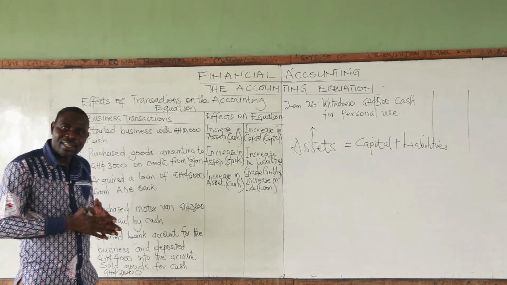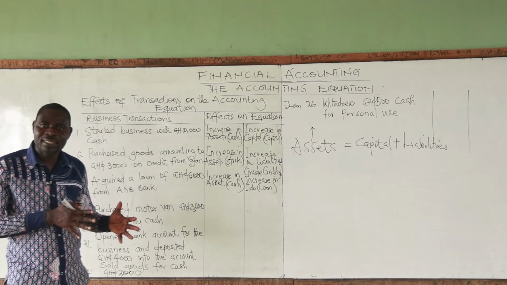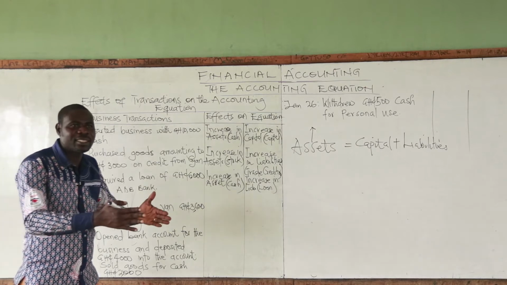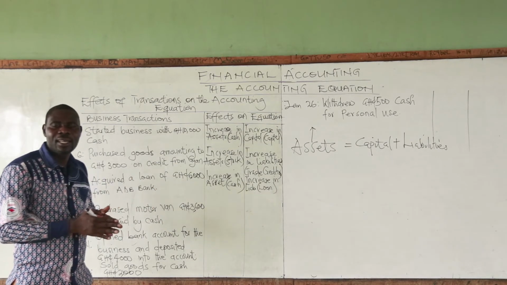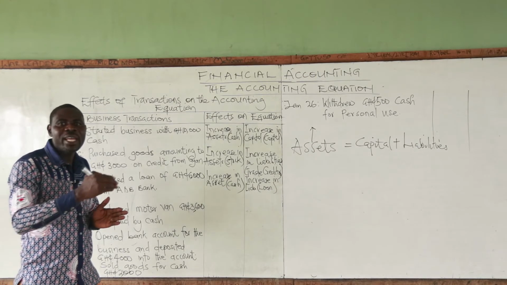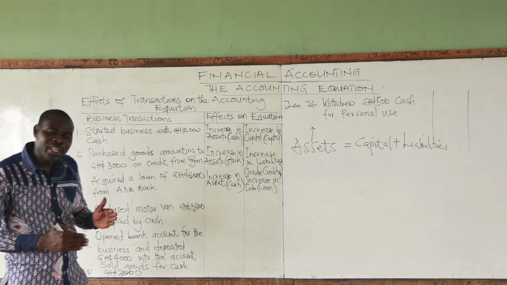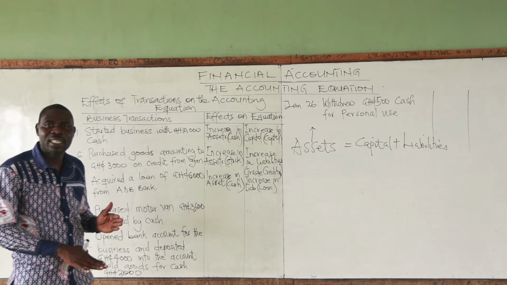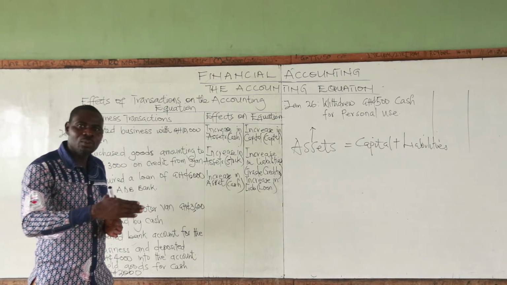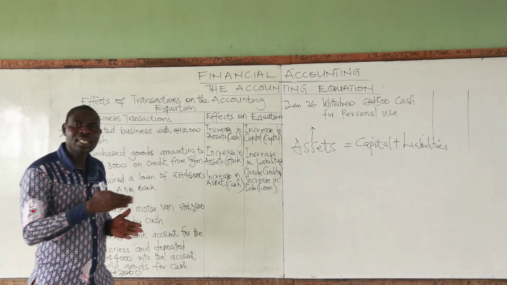There will be an increase in our assets. Then we also paid cash, and we know cash is an asset. So when we pay cash, cash will leave the business. The amount of money we have will reduce, so we have to record that we are losing cash.